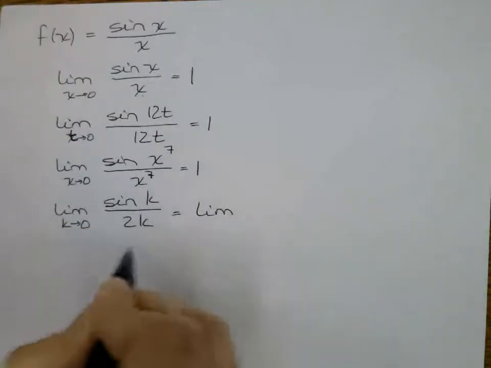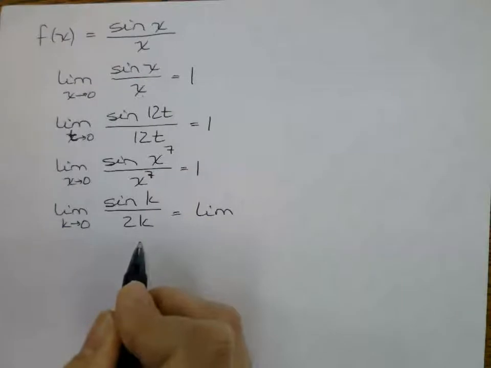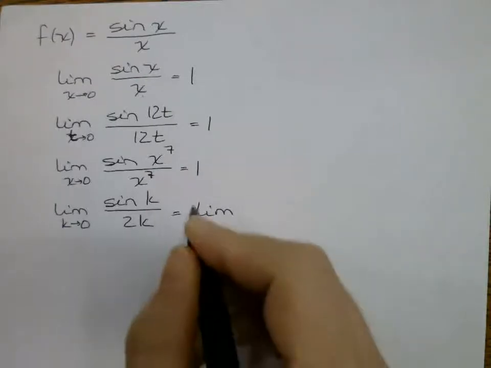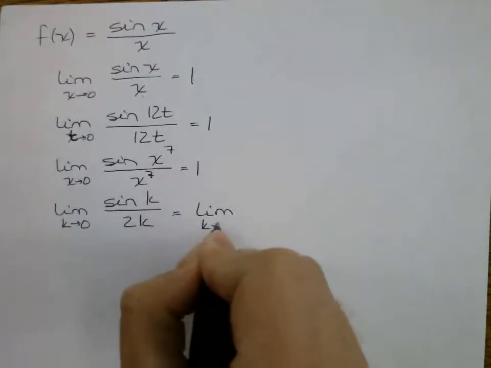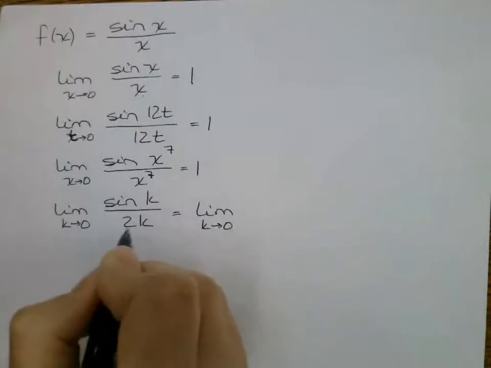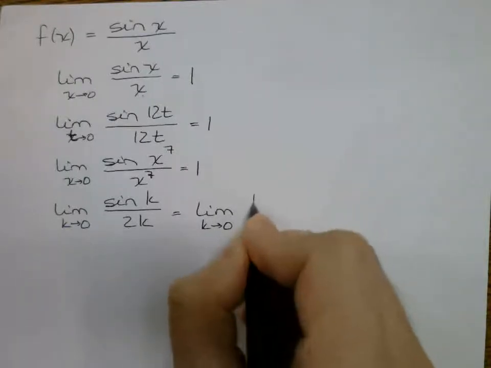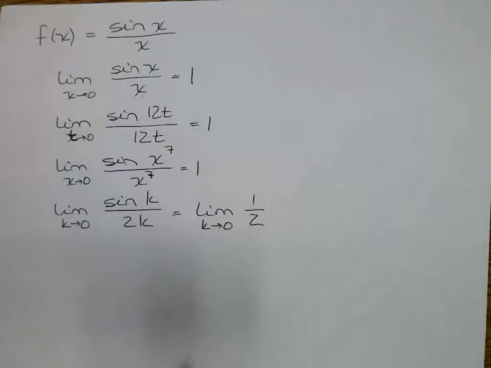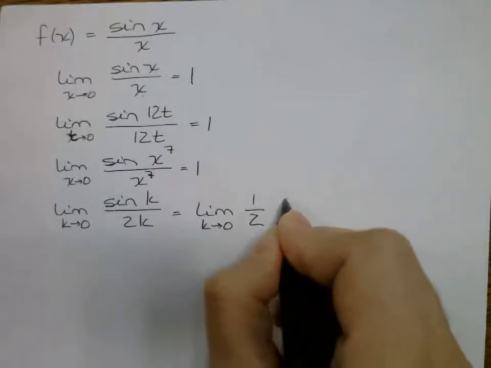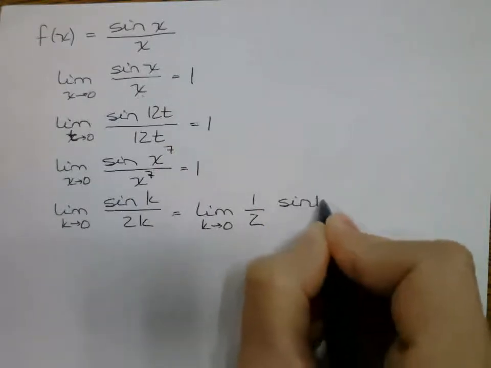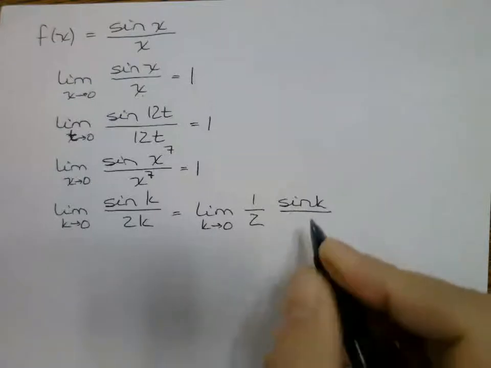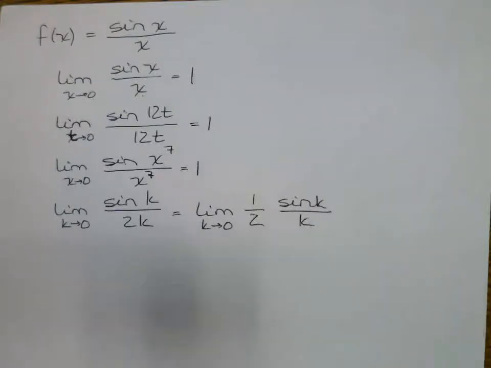We can separate this fraction into two pieces. So we have the limit as k approaches 0 of, I'm going to bring this 2 out. That's 1/2 because it's on the bottom. And then left on the top is sine k over k.